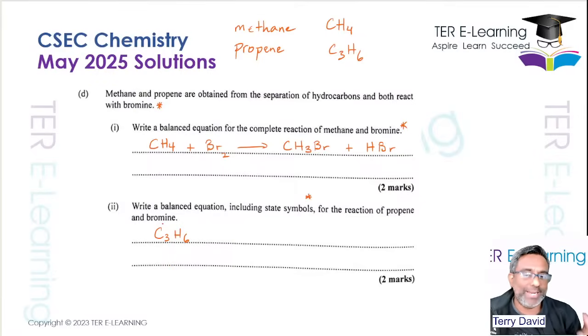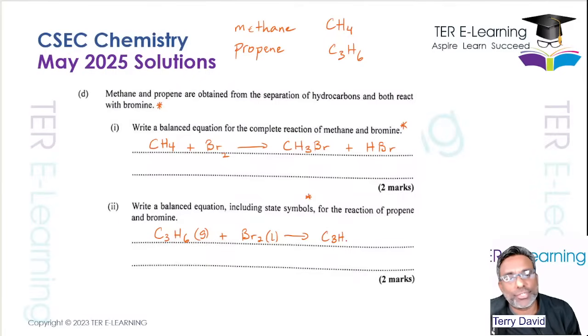So if it's C3H6, propene is actually a gas. So this here is going to be a gas, plus Br2, that's bromine. Bromine is a liquid. And what's going to happen here is an addition reaction. And if it's an addition reaction, you're simply going to get C3H6Br2, and that's it. You're going to get one product here.